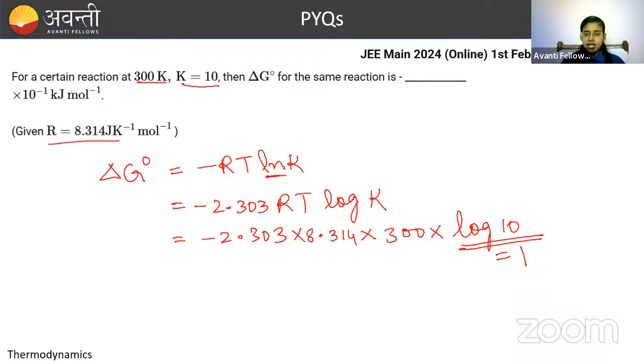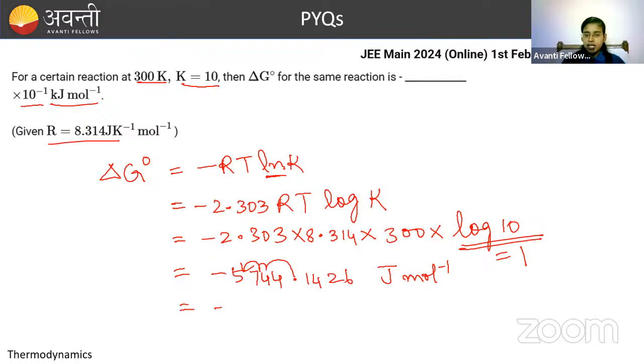If you multiply all these things, you will get minus 5744.1426 joule per mole as the answer. But we have to give the answer in terms of kilojoule per mole and also with 10 to the power minus 1. So first let me convert this joule per mole to kilojoule per mole. Joule to kilojoule conversion has to be done by moving the decimal 3 digits to the left side.